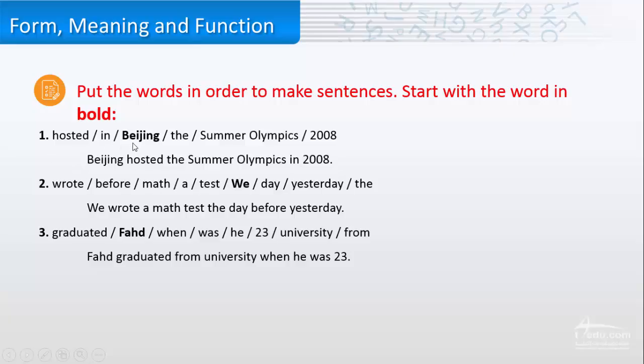For example, the Summer Olympics hosted in Beijing in 2008. So here we start with we, then the verb wrote, a math test the day before yesterday. Then we start here with Fahad because it's in bold. Fahad, then the verb graduated from university when he was 23.